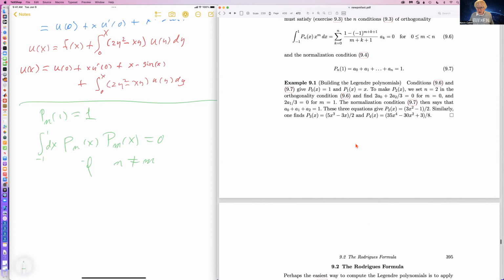So inasmuch as P0 is a constant, and it has to equal 1 when x is equal to 1, then it's just the constant 1.